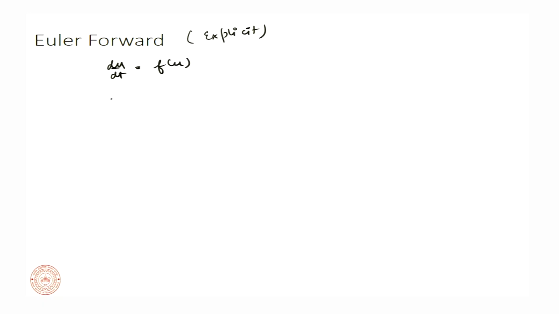Okay, so for the Euler forward, let's again take our equation du/dt equals f of u. Again, by Taylor series expansion, u of x_n plus 1 will be equal to u of x_n plus delta x into du by dx, plus second order terms and higher. We can then rearrange these terms.